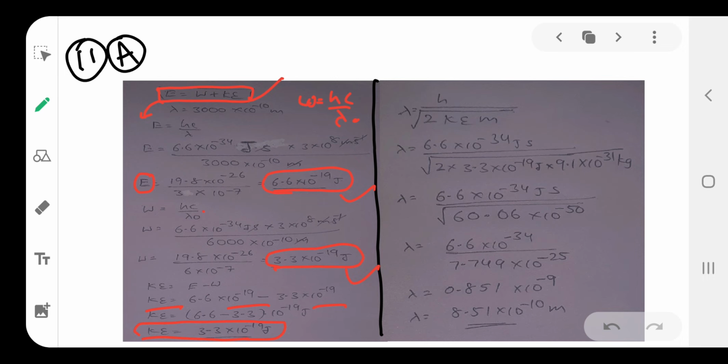That is the kinetic energy. Then the next step is to change this kinetic energy to the wavelength.